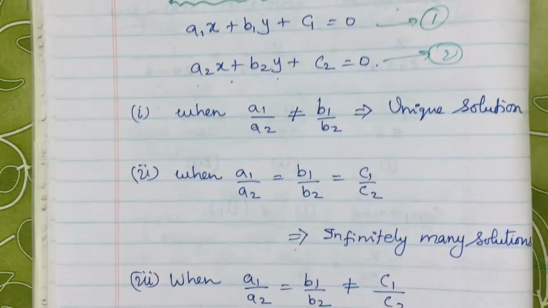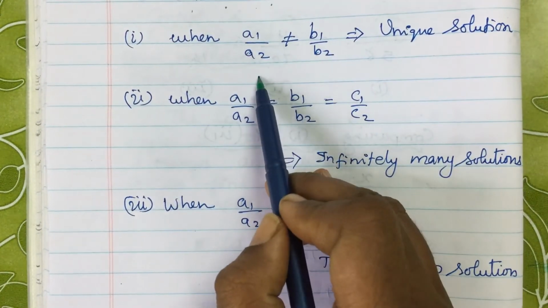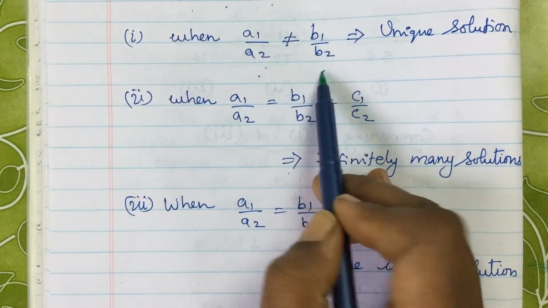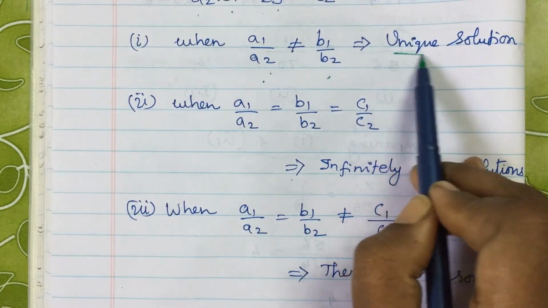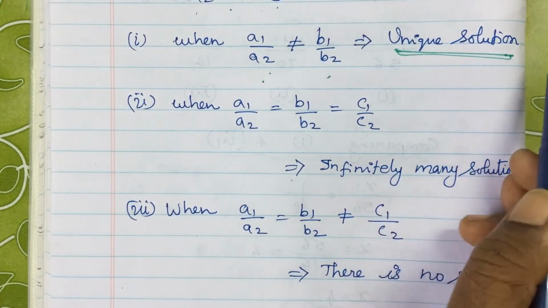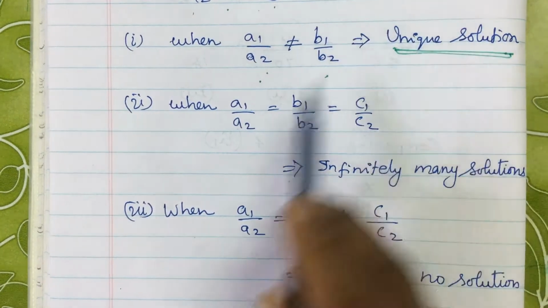a1 and a2 are the coefficients of x, b1 and b2 are the coefficients of y, c1 and c2 are the constant terms. So whenever you find the ratio of a1 by a2 is not equal to the ratio of b1 by b2, what you can say? You can say the solution is a unique solution. That is, you will be having only one x and y values, or only one pair of answers.